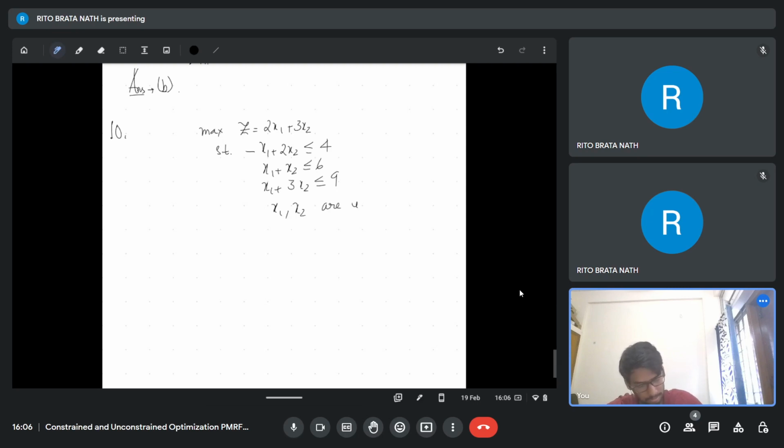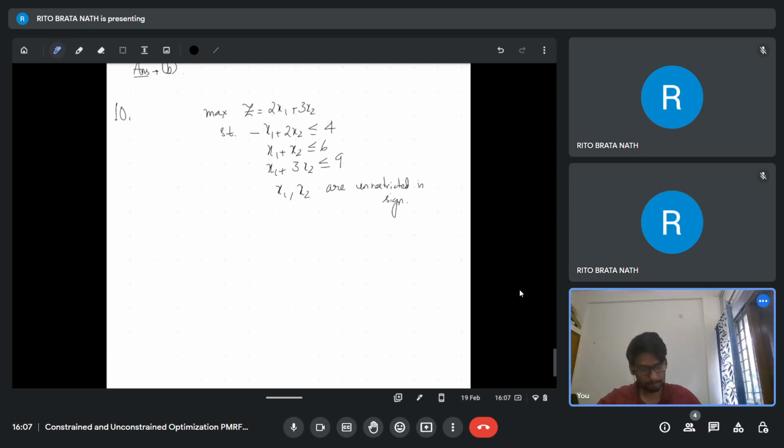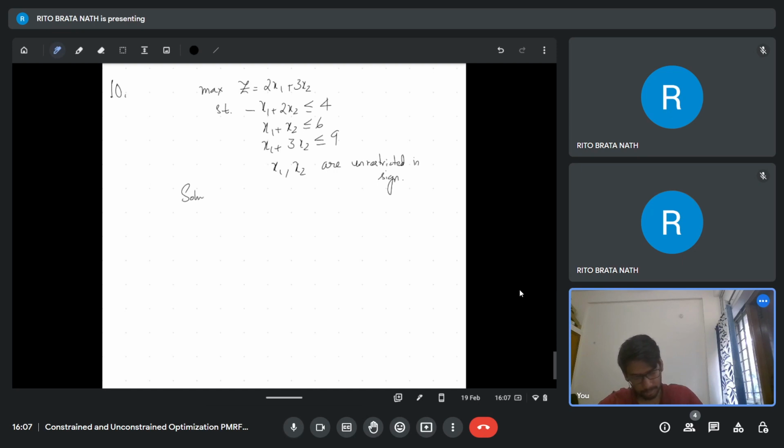So that's the only change that you have. So let's convert into the standard form. Solve this LP by simplex method.